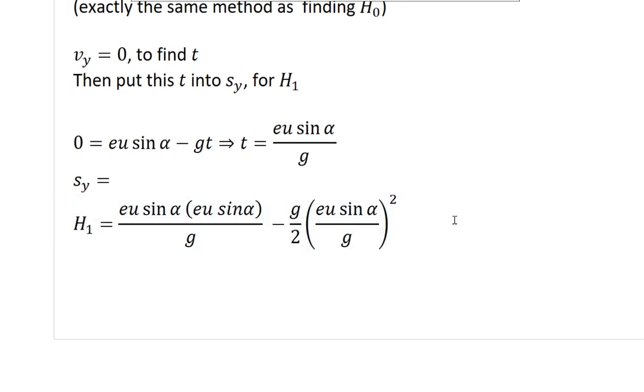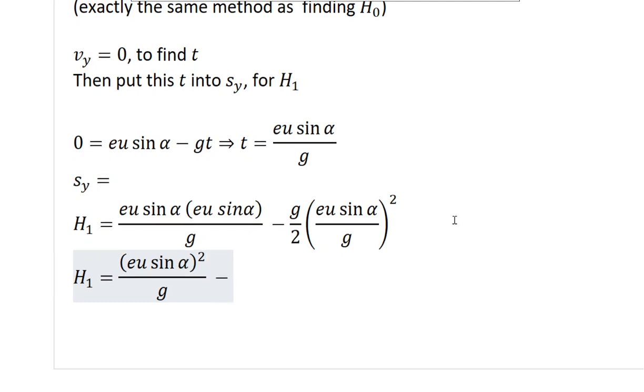And actually, looking back, I think we have the same thing again. We have eu sine alpha squared over g, so that would be, and I'm just doing big brackets here, for g minus, we're going to get the same thing, eu sine alpha squared, and g over g squared is g, so it's over 2g.